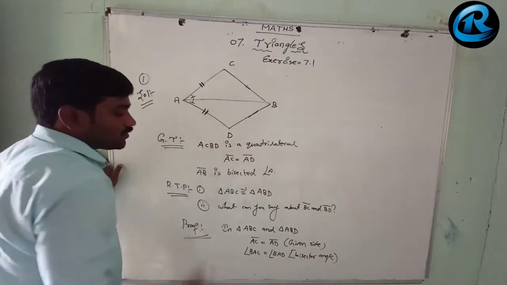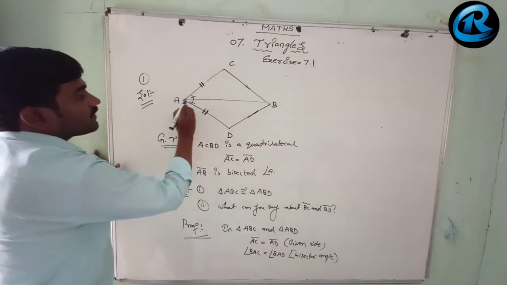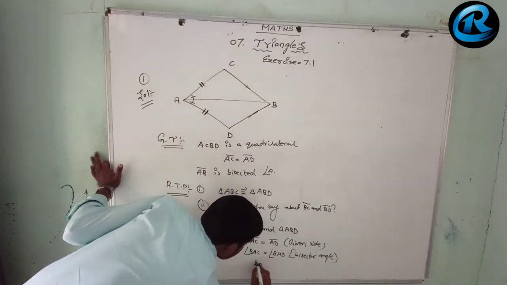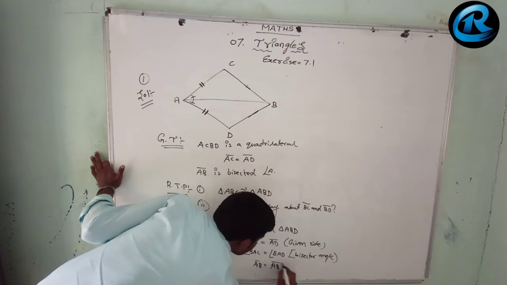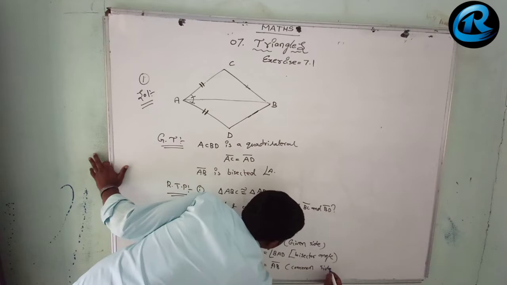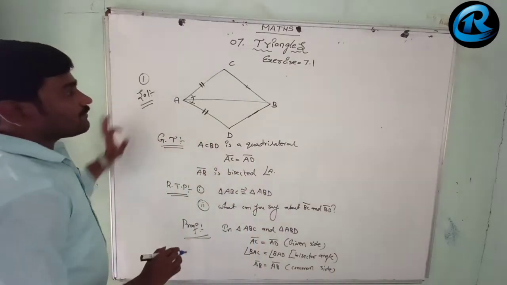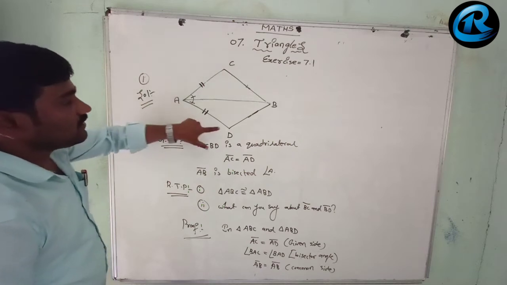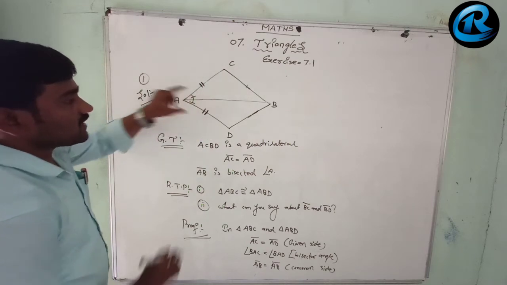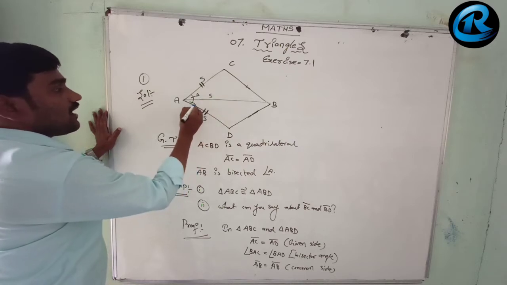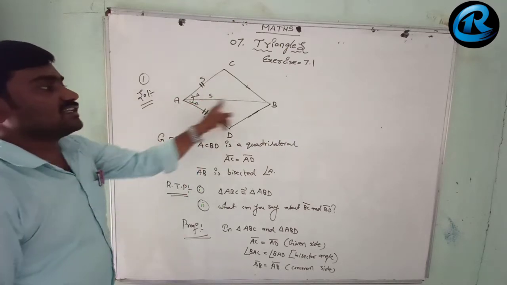Now see that here AB is a common side. AB equal to AB, it is a common side. Now see, side, angle, side. Here side, angle, side, and this side is a common side.